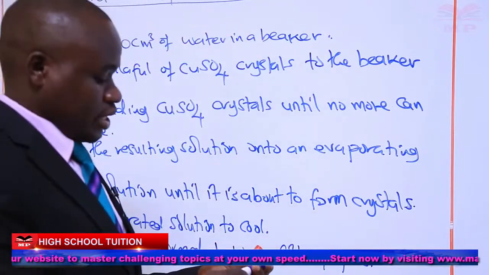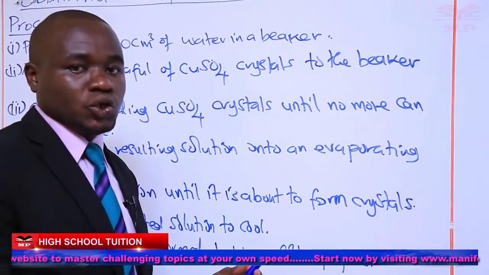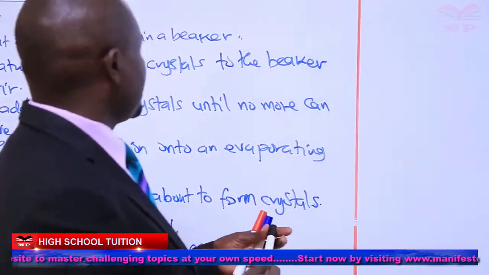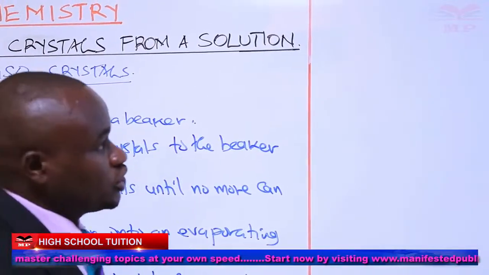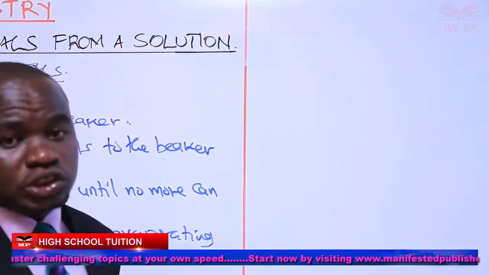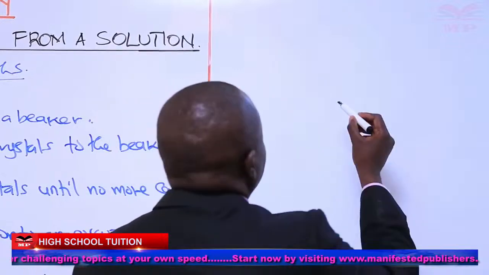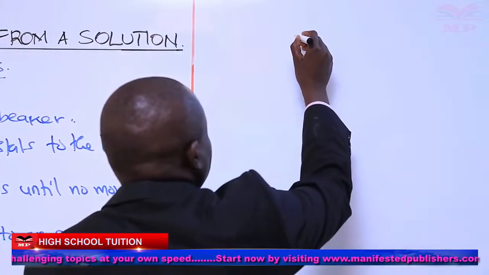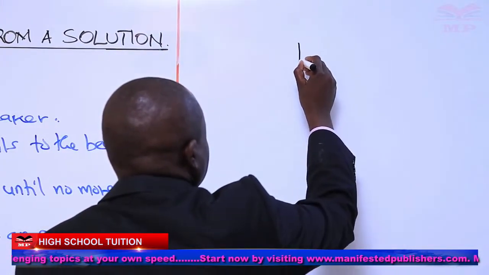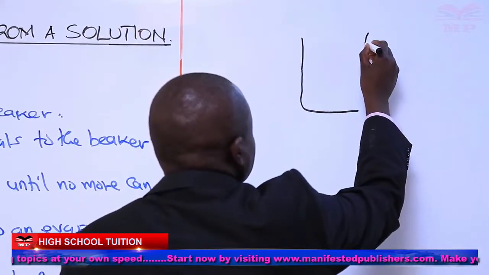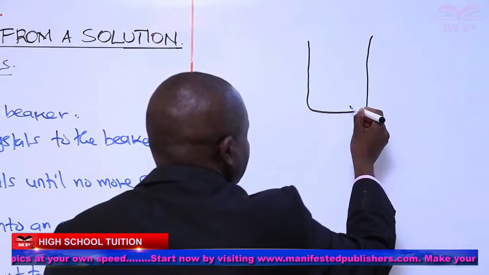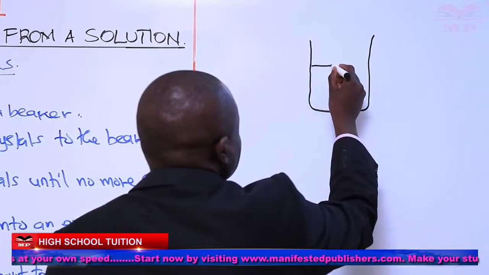So this is how our apparatus will look like. So remember, we are heating the saturated solution. So this is how we are going to heat it. We are going to heat it using a water bath. So as shown here, we shall have our beaker. This beaker contains some water in it.